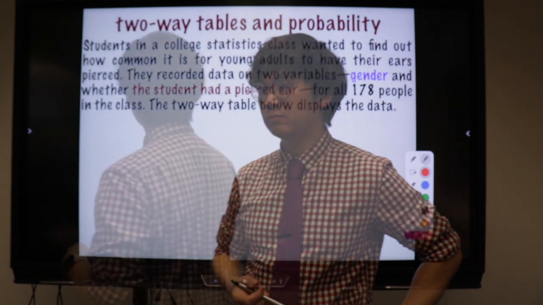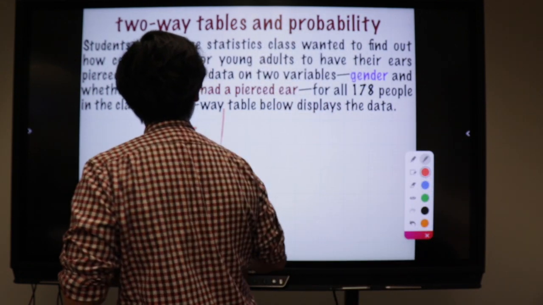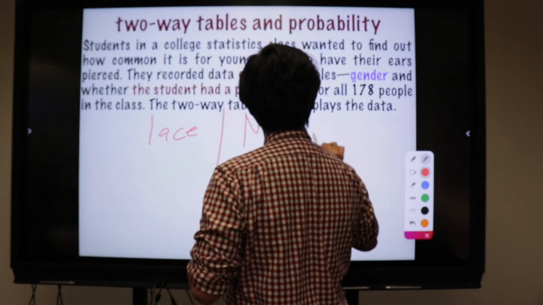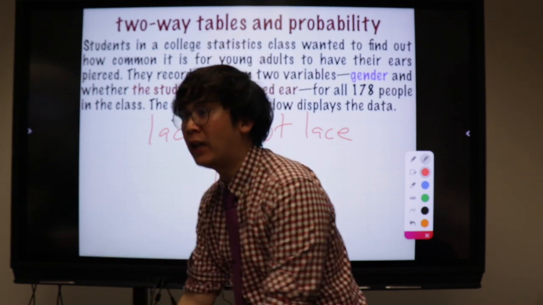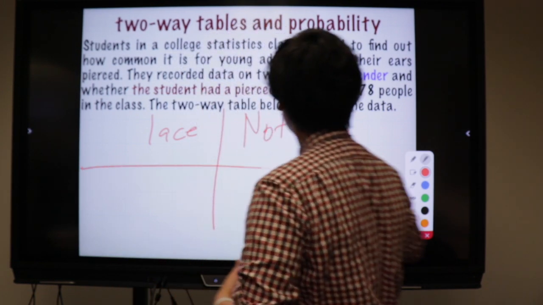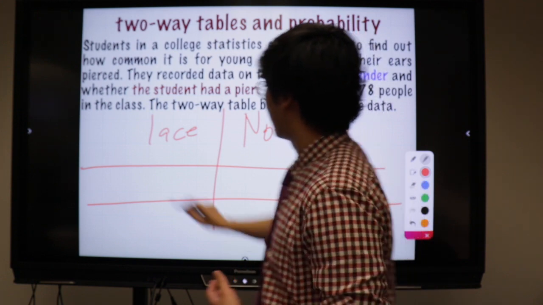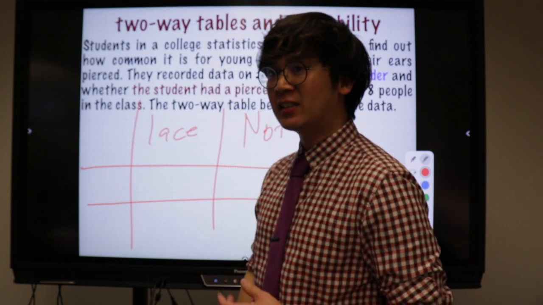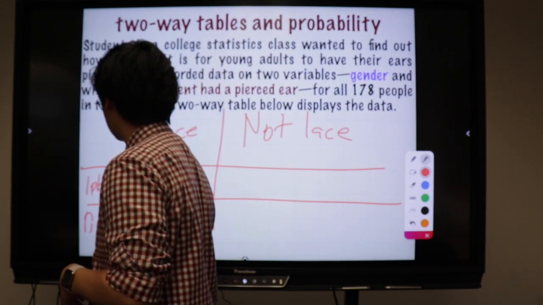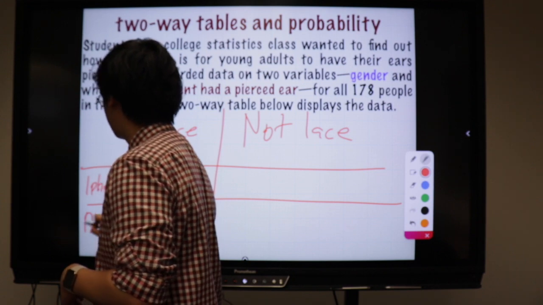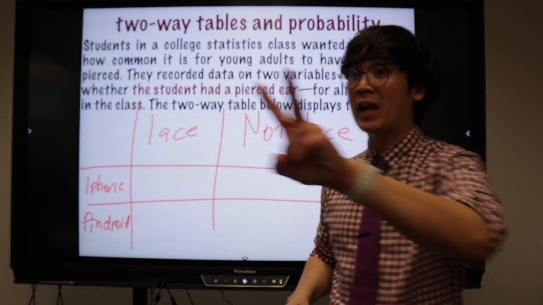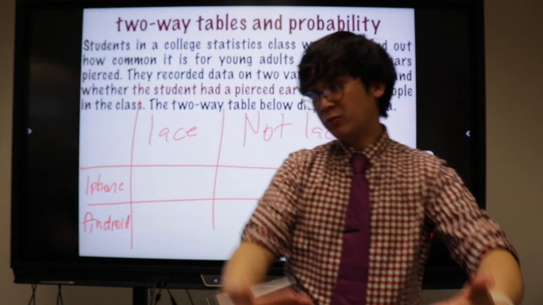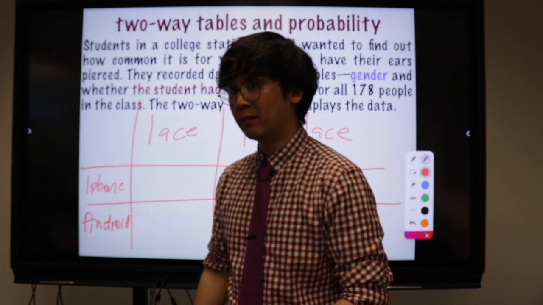There are only 6 of you. Cell phones and shoes: lace, not lace. Shoelaces. She's the only one. So, this is an example of a two-way table because we have two variables: type of cell phones and type of shoes you're wearing, right?